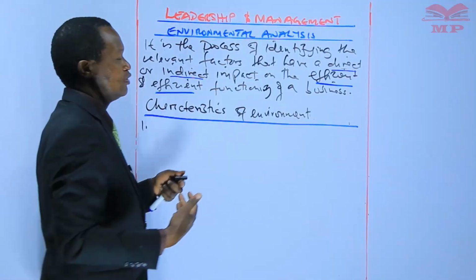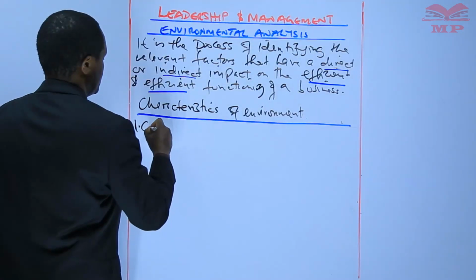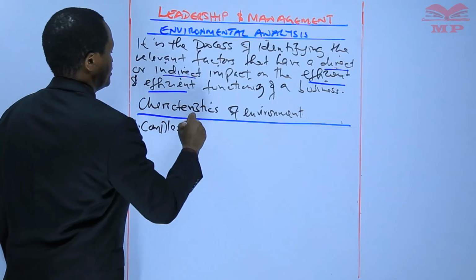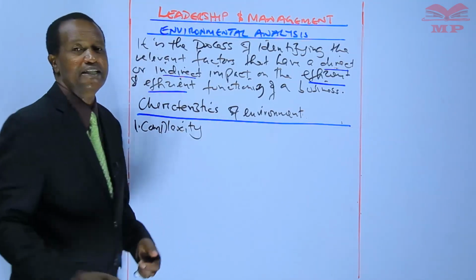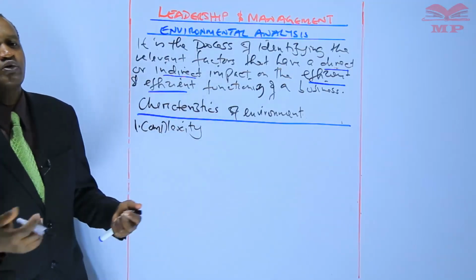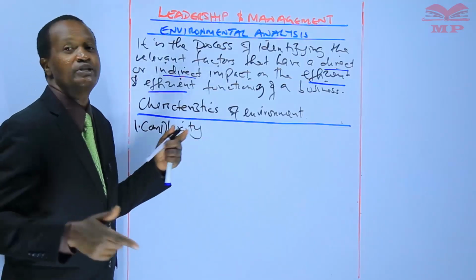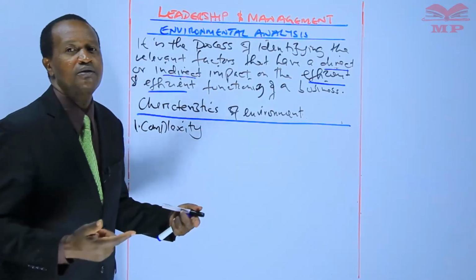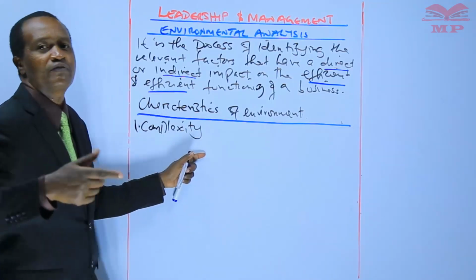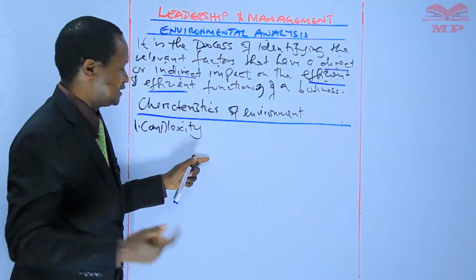So the first characteristic is that of complexity, from the word complex. The environment, candidates, consists of several factors and forces which interact with each other. And the greater the number and the diversity of environmental forces, the higher the degree of their complexity.